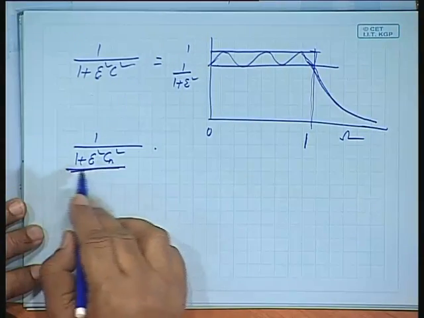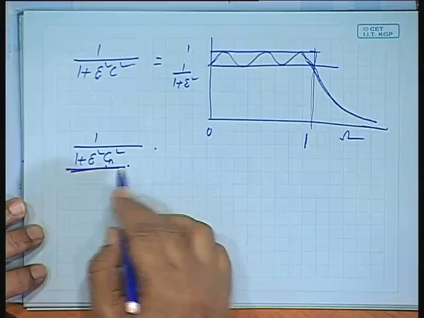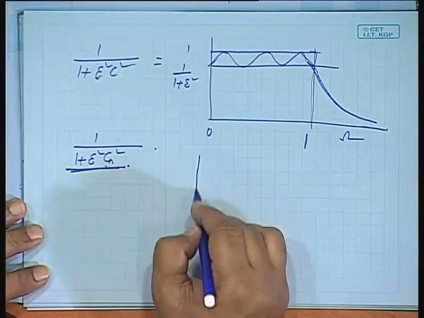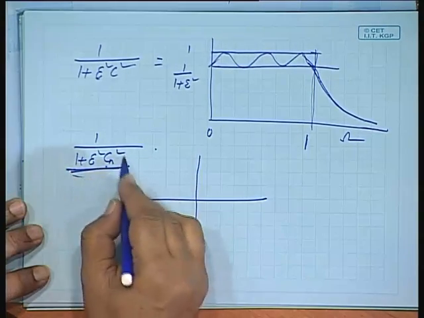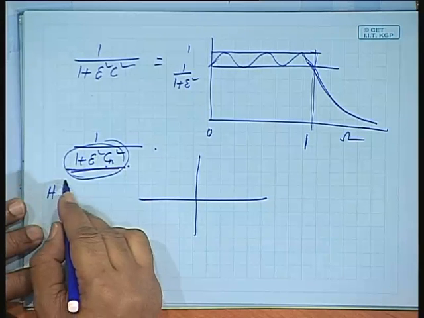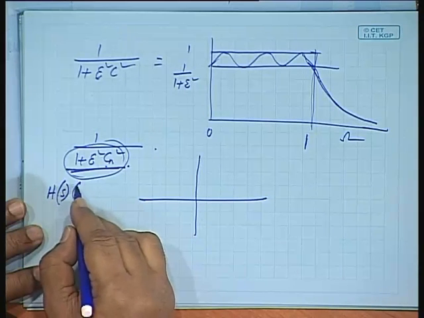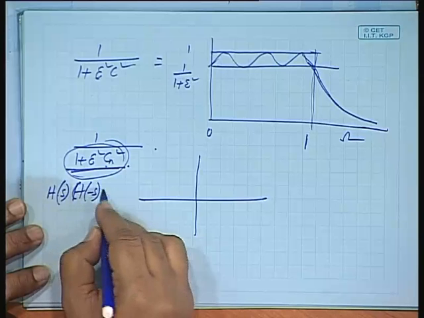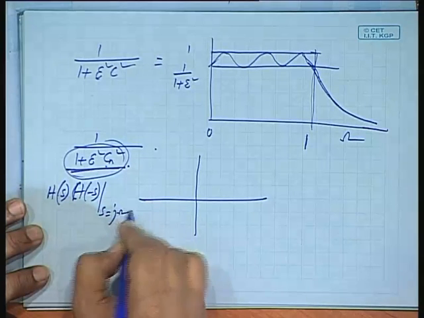Today we will also discuss another method, the impulse invariance method. So this design is very simple. Once you know the roots of this particular function, you write H(s) H(-s), with s equal to j omega.